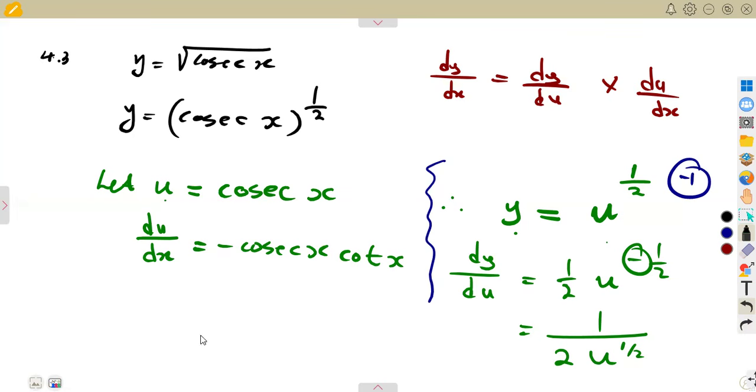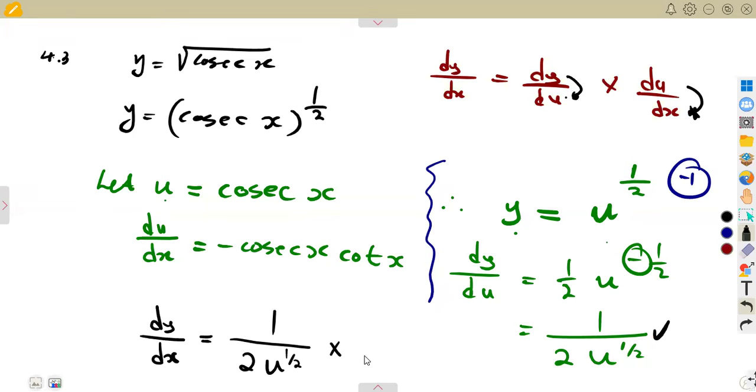So from the formula that you are given, the derivative of y with respect to x is the derivative of y with respect to u, which is the one we got here, 1 over 2 u to the exponent of a half, times the derivative of u with respect to x, which we got as minus cosec x cot x.